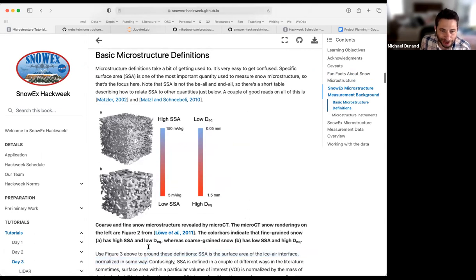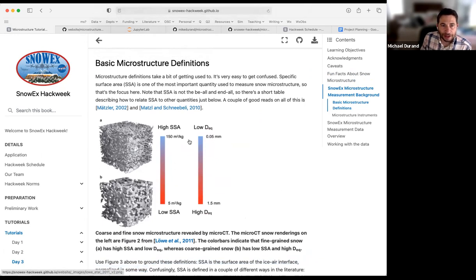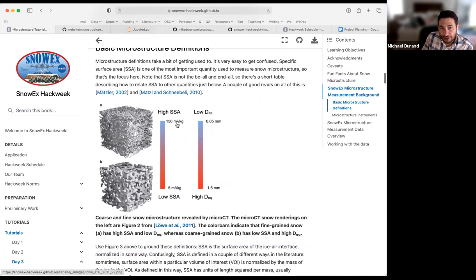That's where the specific comes from. Unfortunately, it's defined a couple different ways, and I'll talk about that in a second. One of the ways that people often do is to normalize it by the mass of that sample. So you have a square meter per kilogram. Imagine the mass of each of these little cubes, the surface area of those cubes, and then SSA is just the square meters per kilogram.